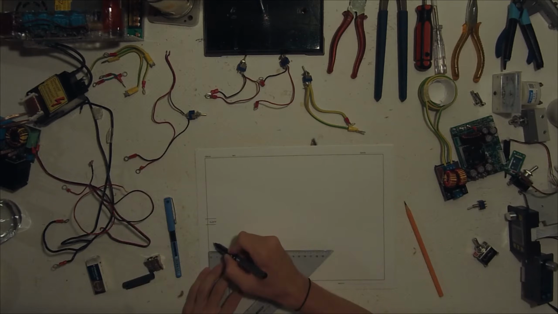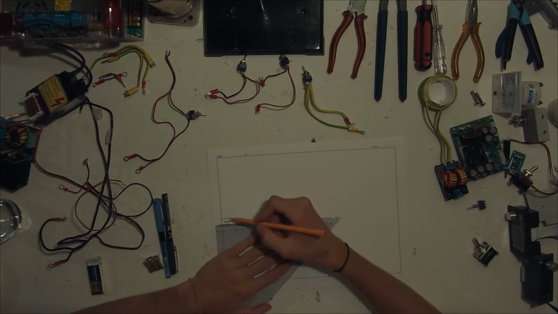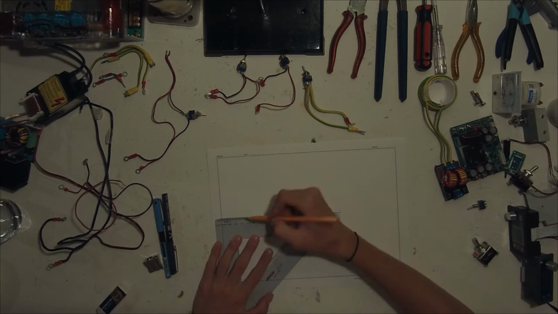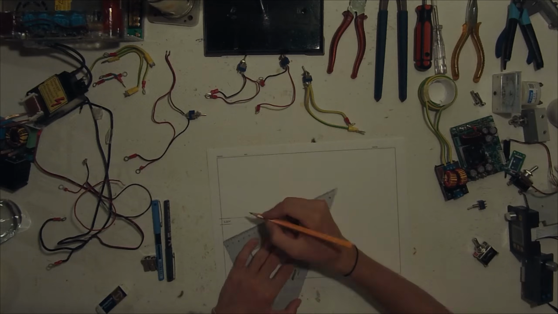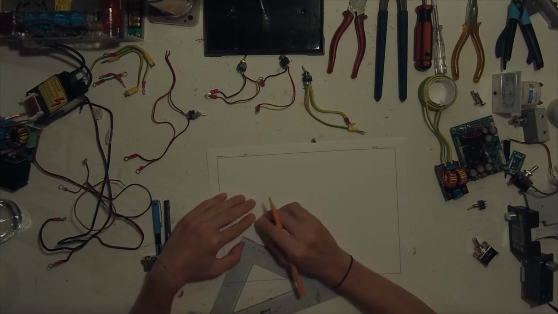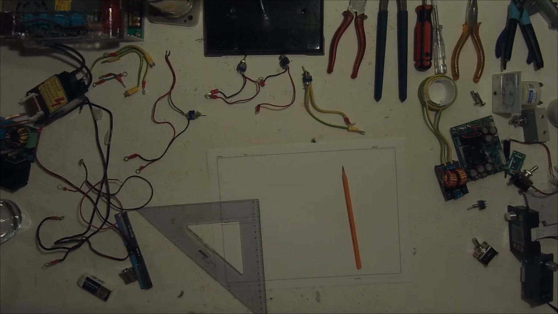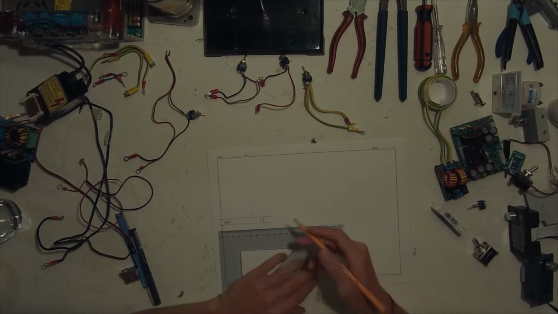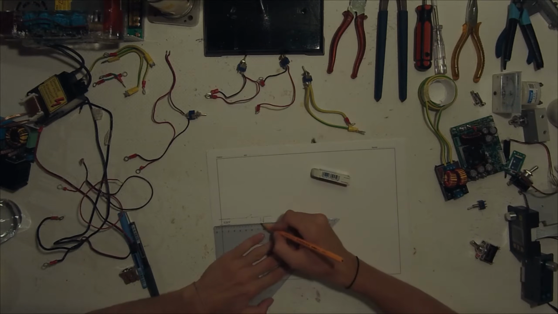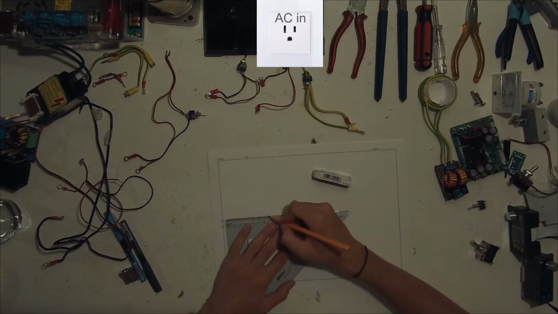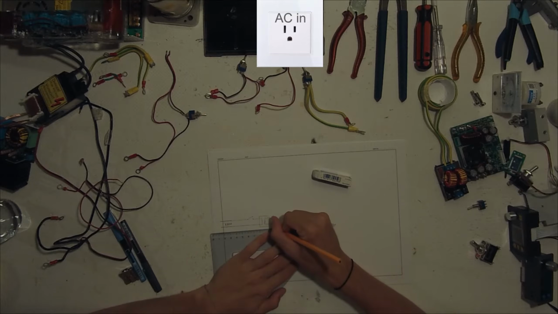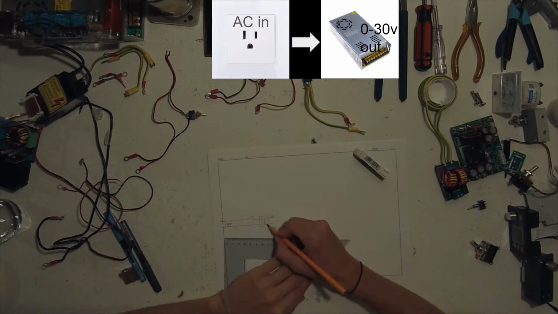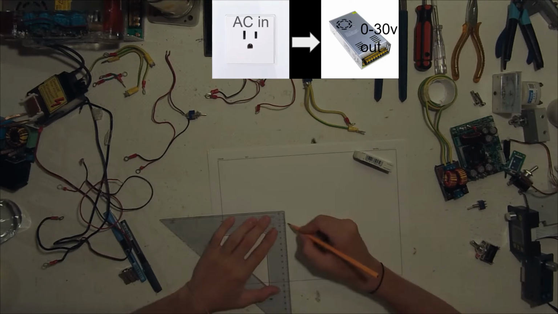I spent a lot of time designing the electrical system, and it is one of the parts that changed the most during all of the different prototypes. It consists of the mains power that you can see I'm drawing now, that feeds a transformer which outputs a DC voltage between 10 and 30 volts.